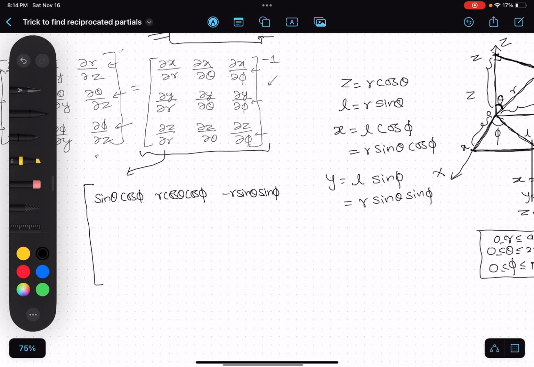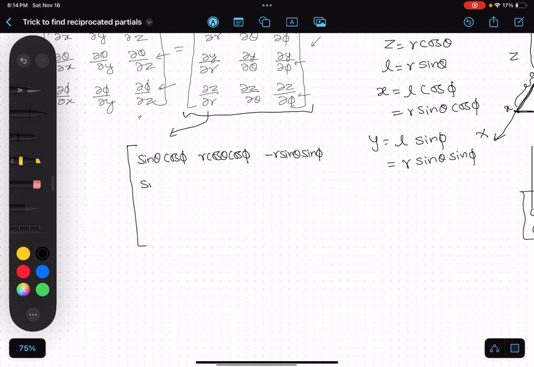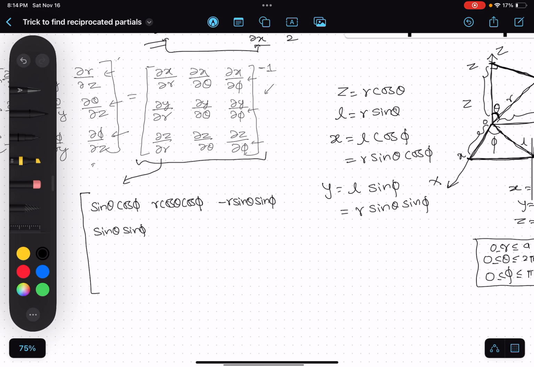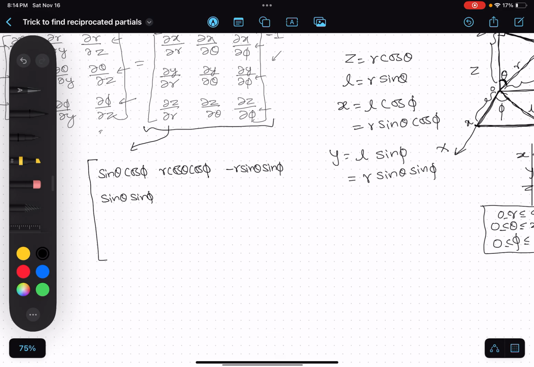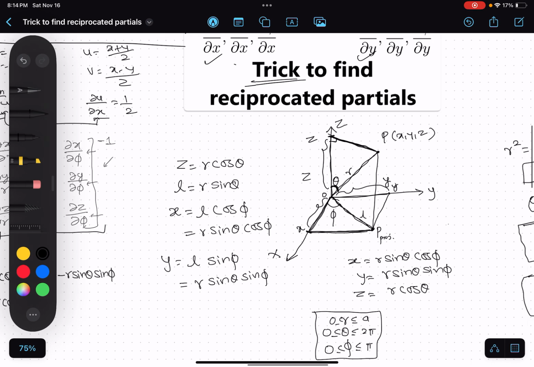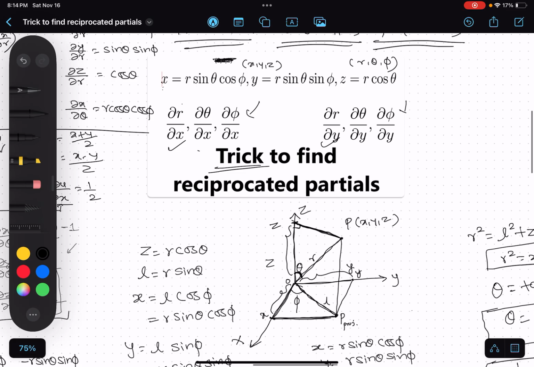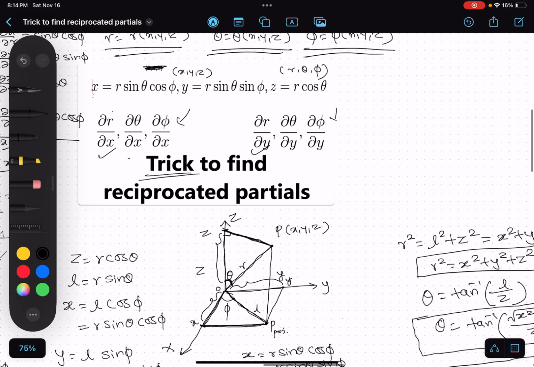Now what is partial y by partial r? Sin theta sin phi. What is partial y by partial theta? R cos theta sin phi. What is partial y by partial phi? R sin theta cos phi. What is partial z by partial r?